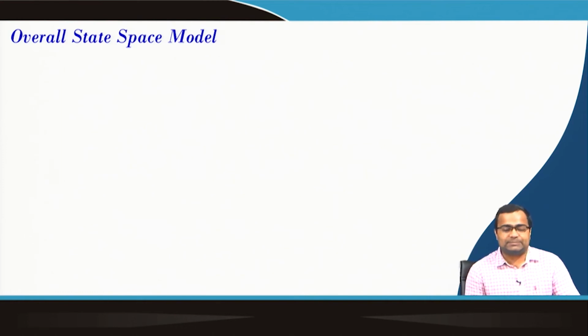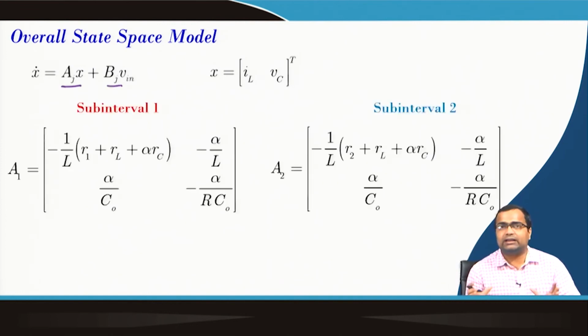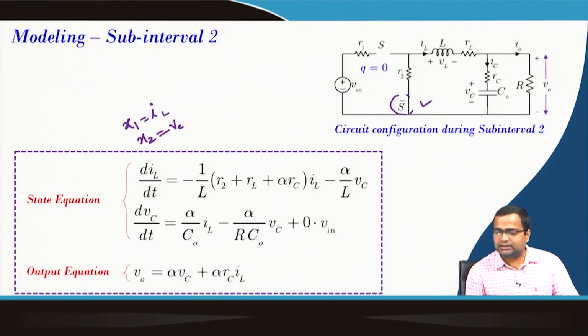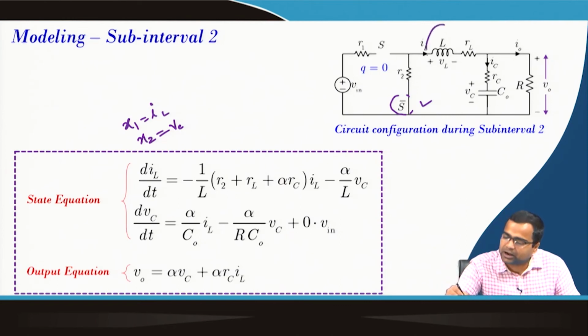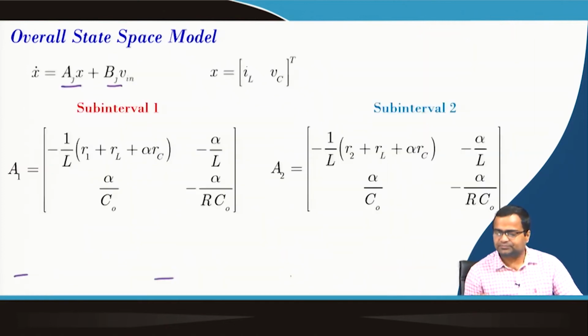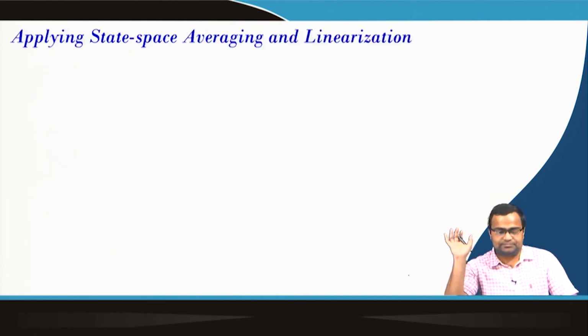Then for the two subsystems we will get two matrices A1, A2 and two matrices B1, B2, and a C matrix, which is common because, if you go back to the circuit, you will find this particular part is common. So, our C matrix will be the same because it is associated with the output side dynamics.